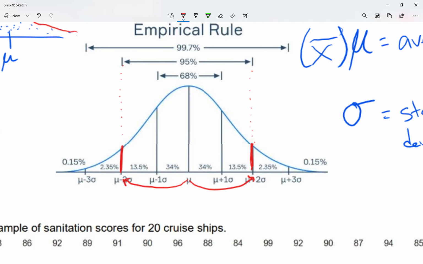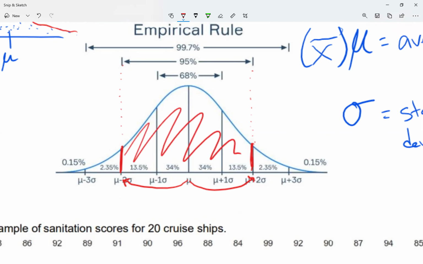And look, it broke it down as 13.5, 34, 34, and 13.5. If you add those four numbers, I'm not going to ask you to do it, 13.5 plus 34 plus 34 plus 13.5 should give you 95%. So 95% of our data is going to be in this region.